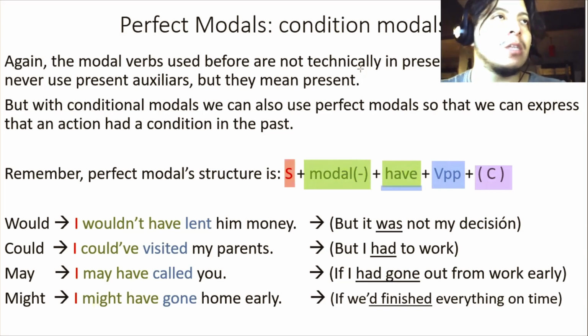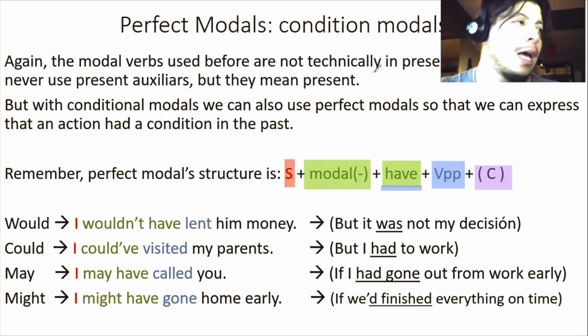So we can say something like, in this case, we have I, this is the subject, this is the person doing something. We have the same example, right? So in this case, we have I wouldn't have. Remember, we have two parts, wouldn't and have.